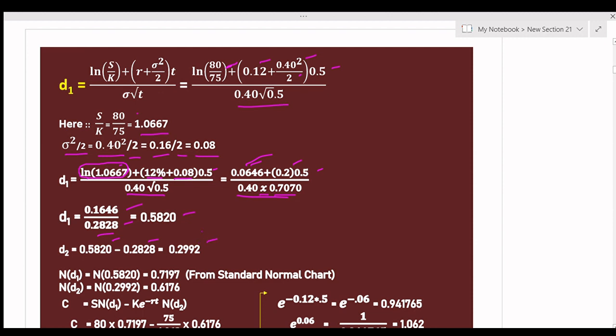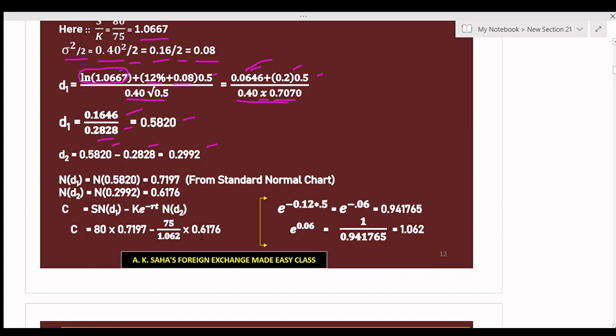0.2992. Now you find out the value of the ND1, that is N 0.5820. The value will be 0.7197 from the standard normal chart.